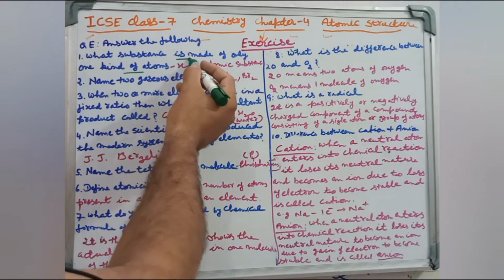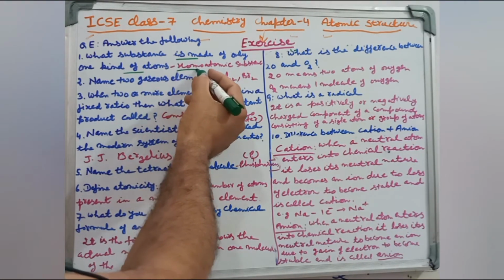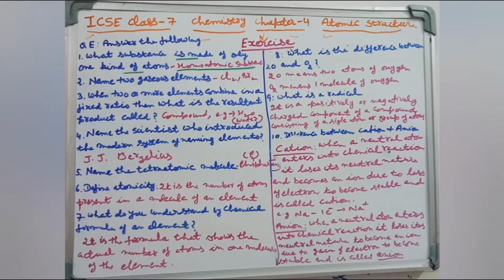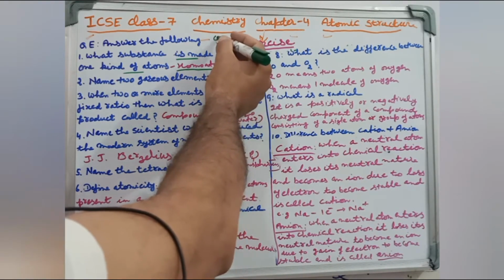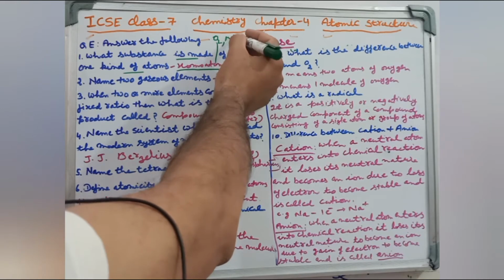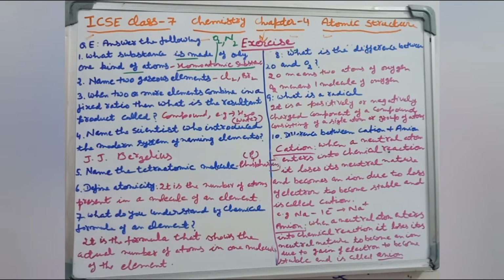That substance is called a homoatomic substance. Its examples can be oxygen, made by 2 oxygen atoms, and nitrogen, made by 2 nitrogen atoms.